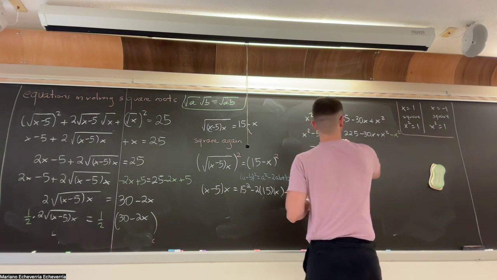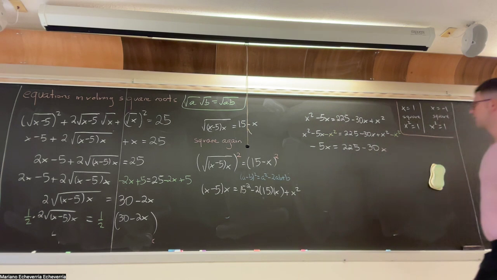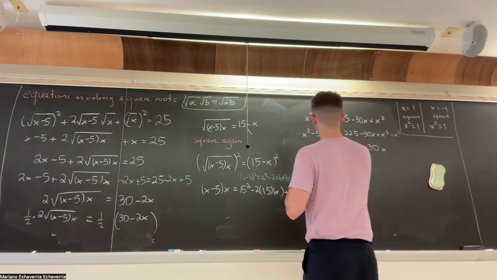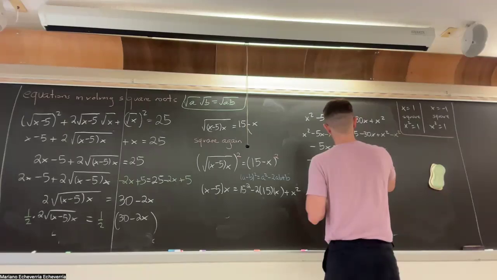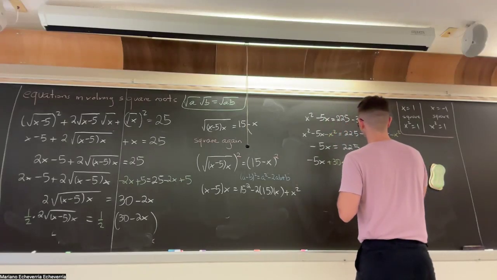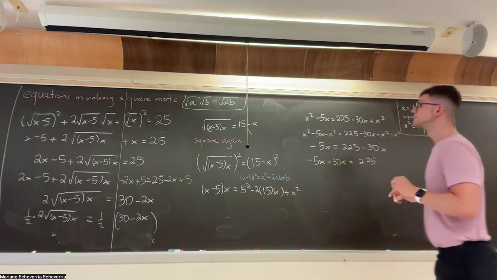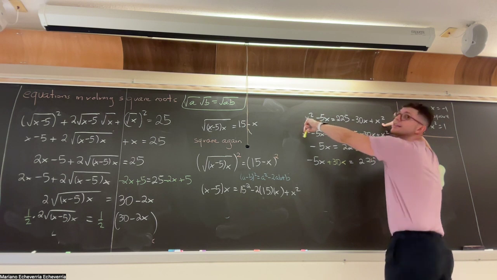You get minus 5x equals 225 minus 30x. And then I'll add 30x to both sides of the equation. Wait, what did you do to the x squared? The x squared was on both sides. Correct, yeah.